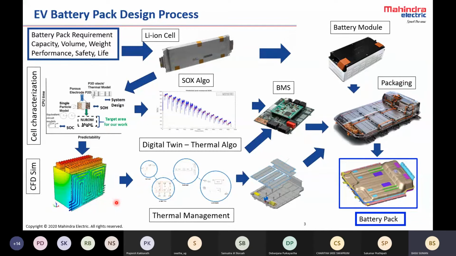All different conditions means, after all, it's an electric vehicle. So the driver will use it in different conditions. Different drivers will be using it in different ways. For example, the same vehicle can be used by a driver in the place where I live in Bangalore, or maybe in New Delhi, or maybe in Silchar.